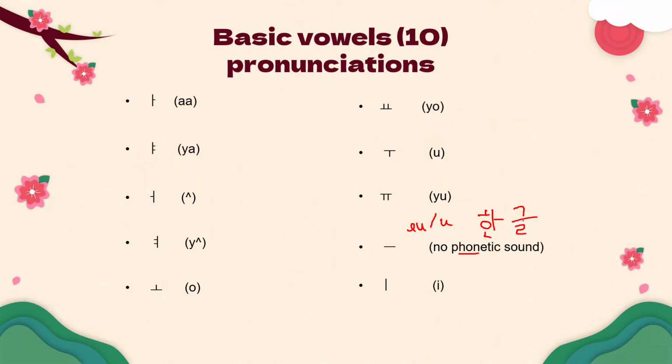So here, you can see, let me change the color and show you. Here we have this vowel, so it is Hangul. If you remove this, then it will be a different sound, and we do not want that sound. So we have put this.